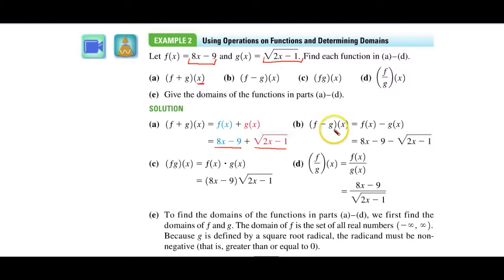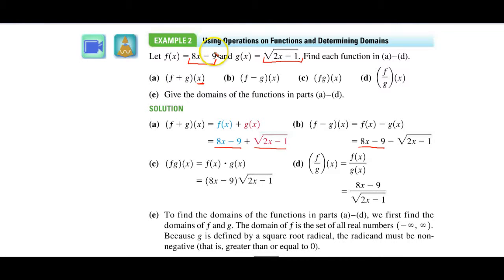Now, for this one, since we've seen now what they are defining as x, which are just these up here, when we subtract them, we're going to put this, and then put our negative sign to indicate subtraction, and then we put our g function. So this is b. Now, how do we indicate multiplication?